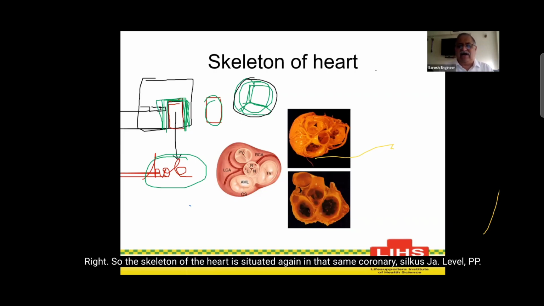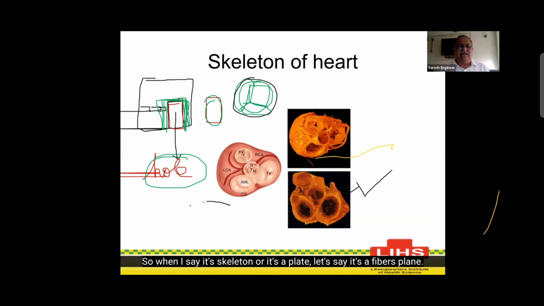Right? So the skeleton of the heart is situated again at that same coronary sulcus. The level will be the coronary sulcus, and it is a fibrous tissue which is like this in nature. And you can see this has got 4 holes.